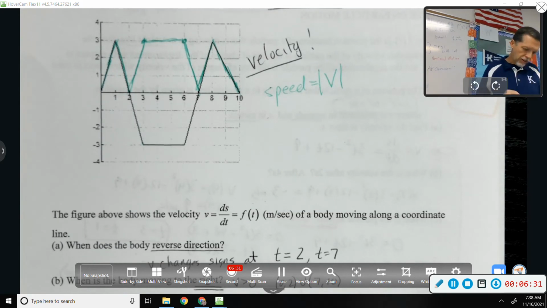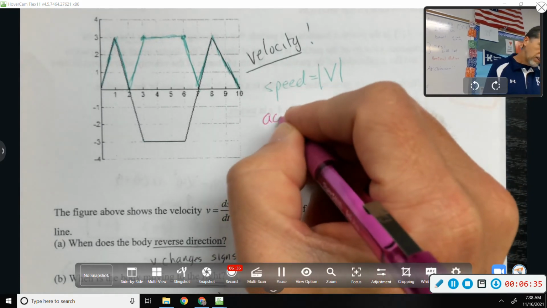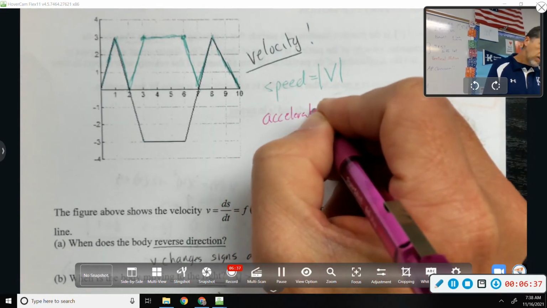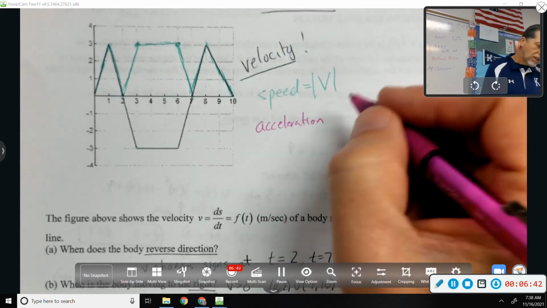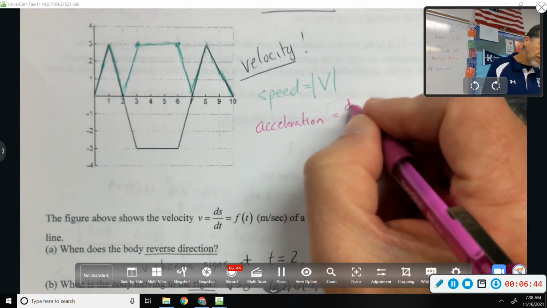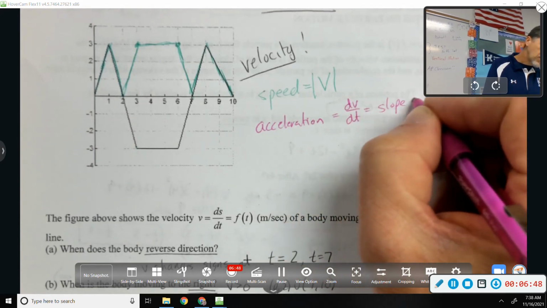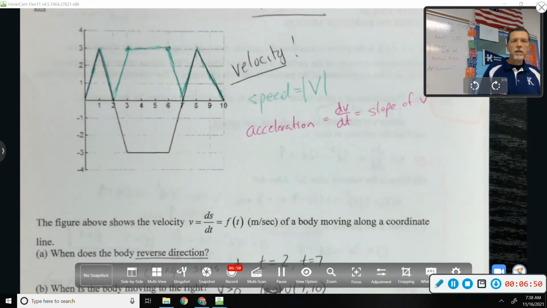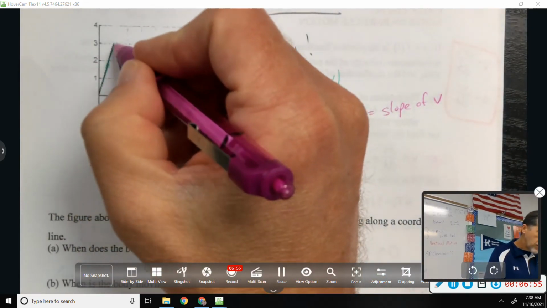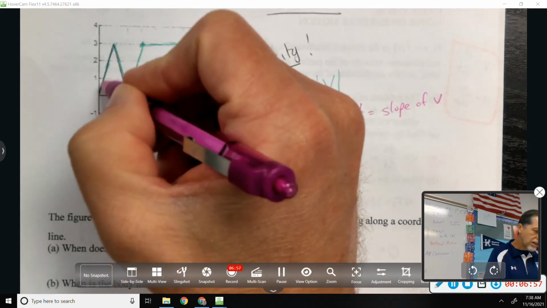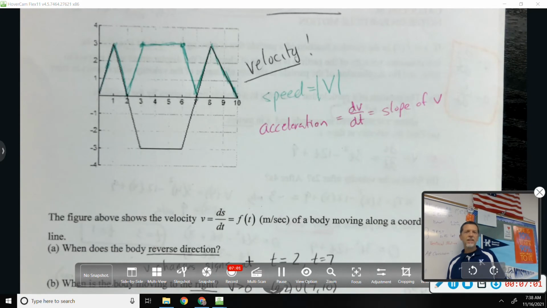And then lastly, graph the acceleration where it is defined. So I'm going to pick a different color, and on the same graph, acceleration. And we said already that acceleration is dv dt, which is the slope of v. So let's see. From 0 to 1, what's the slope of that line? 3.